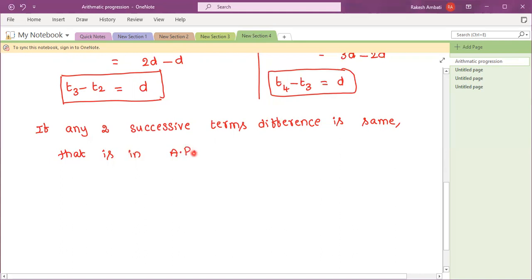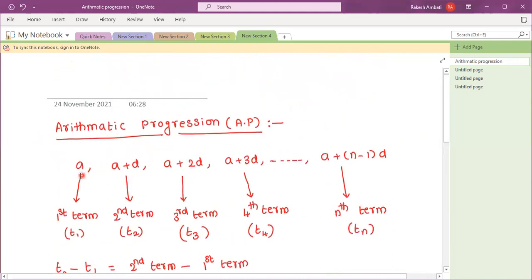This is the basic meaning of AP. You take any two successive terms, and if the difference is the same, that is the arithmetic progression.